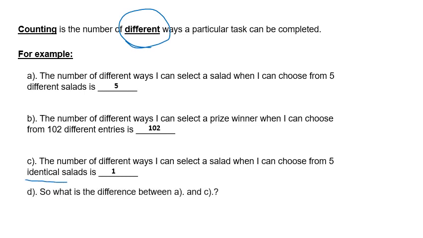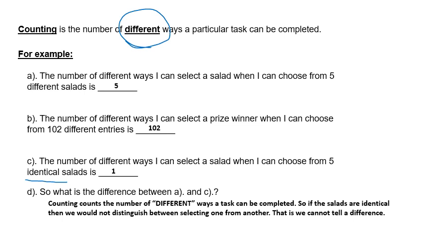Ask yourself, what is the difference between A and C? That difference is counting counts the number of different ways a task can be completed. So if the salads are identical, then we would not distinguish between selecting one from another. That is, we cannot, quote, tell the difference.